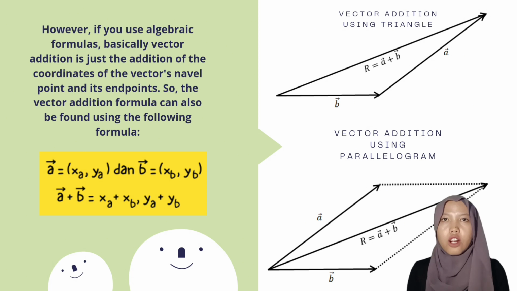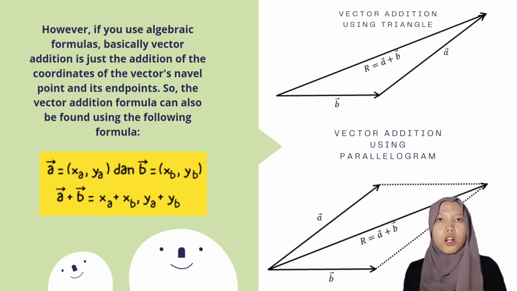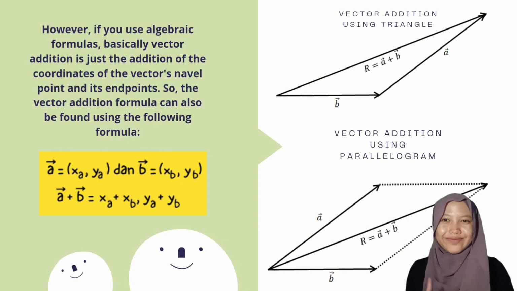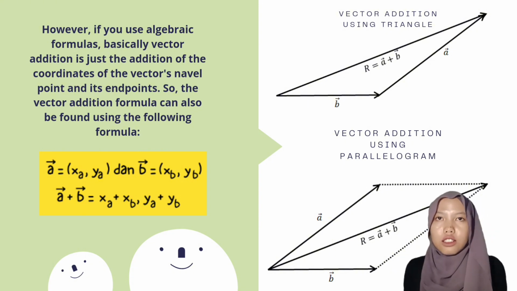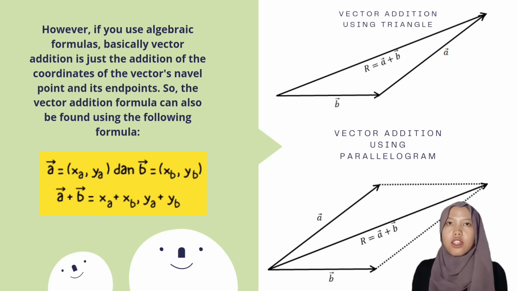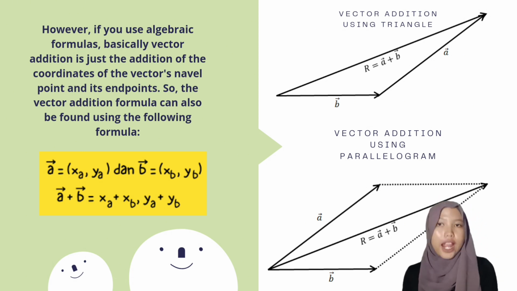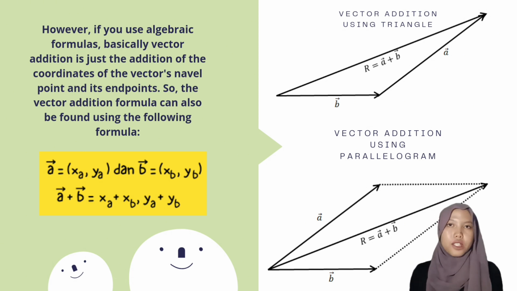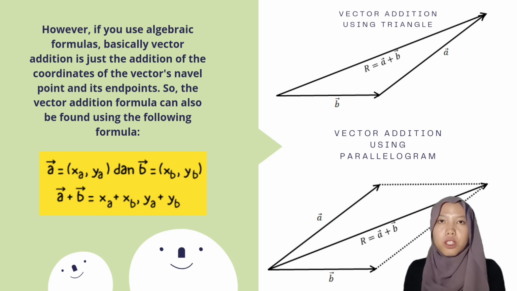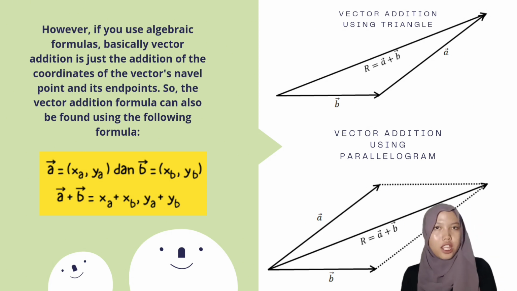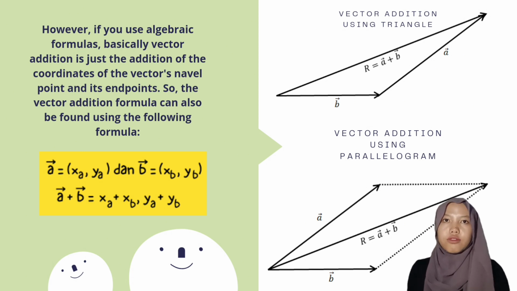So the vector addition formula is as follows. If a equals (xa, ya) and p equals (xp, yp), then their sum equals (xa plus xp, ya plus yp).